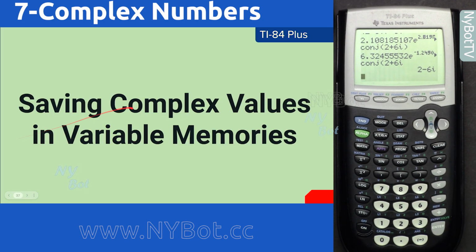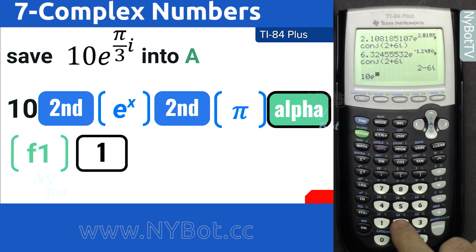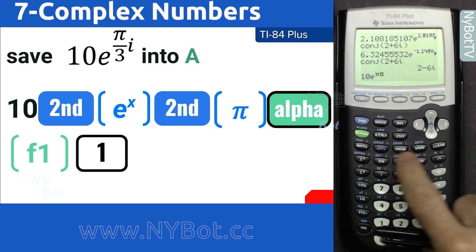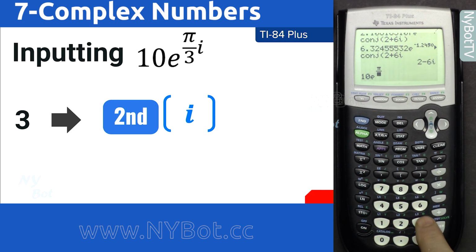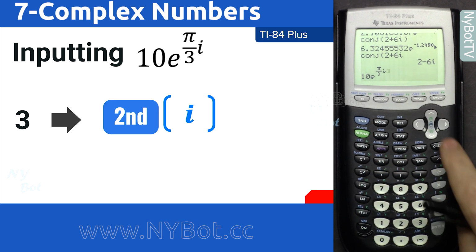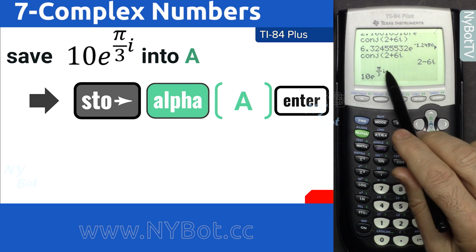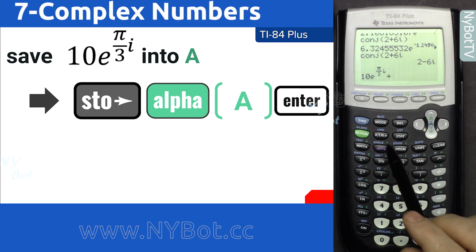Now let's see how we can save complex values into variable memories. Let's enter this value and save it into memory A: 10 second function e, second function pi, and then alpha f1, 1, and then 3, go to the right, second function I, we have the expression, and then go to the right so the cursor is at the bottom, and then press STO or store, and then we press alpha.